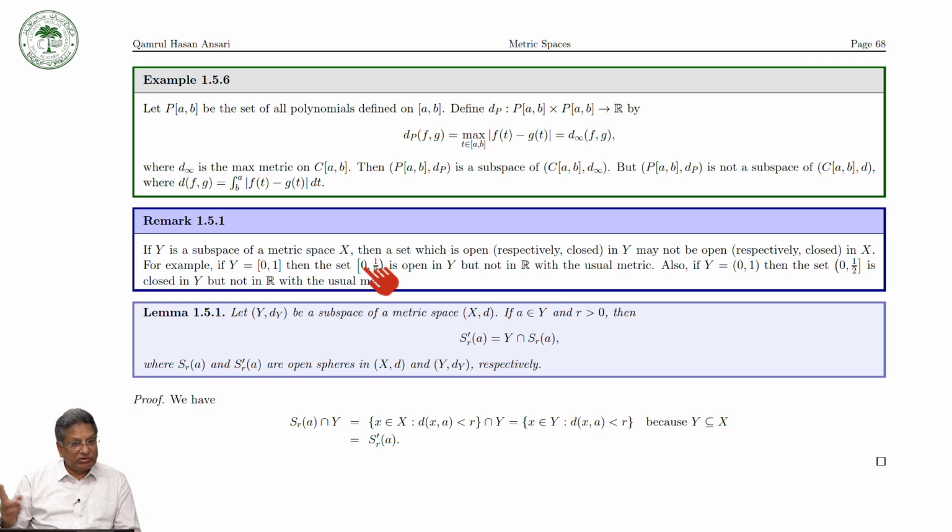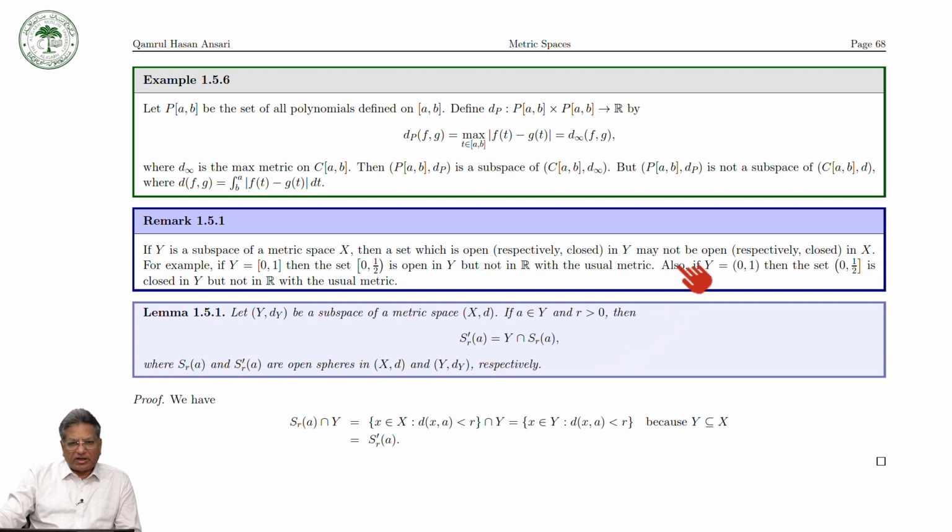How is it? We will see later how we can say that this set is open in Y. But as you know, this set is not open in R with respect to the usual metric.